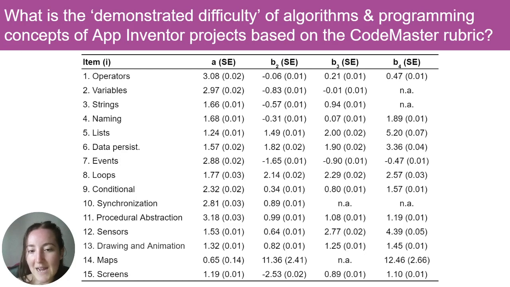This is done by estimating the correspondence between an observed latent trait, in this case the demonstrated difficulty of algorithms and programming concepts of App Inventor projects, and observable evidence, in this case the assessed App Inventor apps.